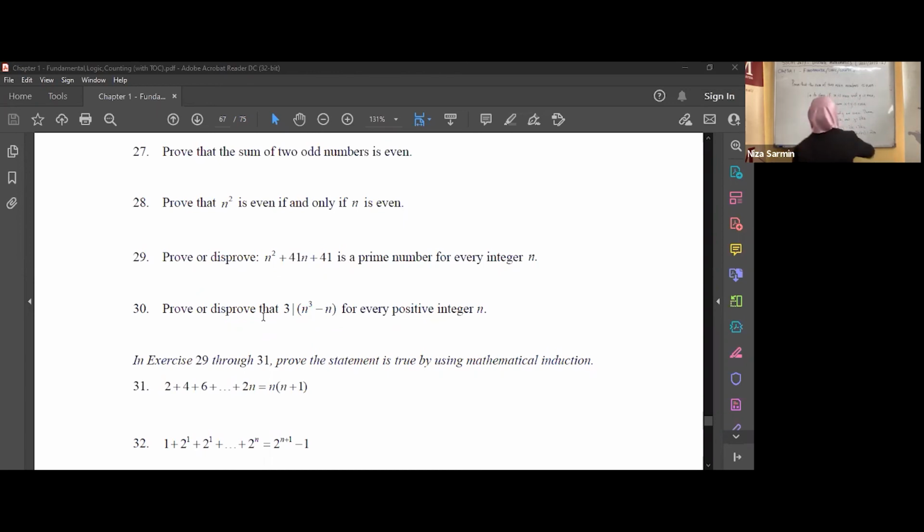Let me see. Sometimes I'm afraid of the typos we make. We want to show 1 plus, oh, there's a typo, yeah? 1 plus 2 to the 1. This is 2 to the 0. Plus 2 squared plus 2 cubed.